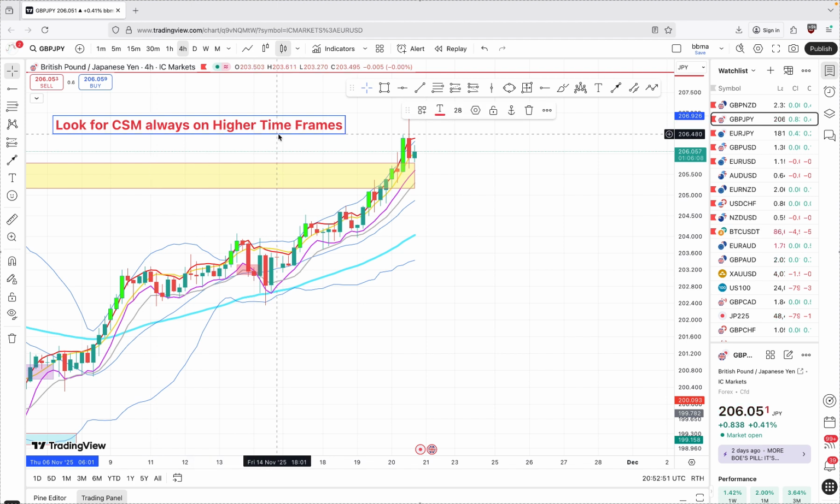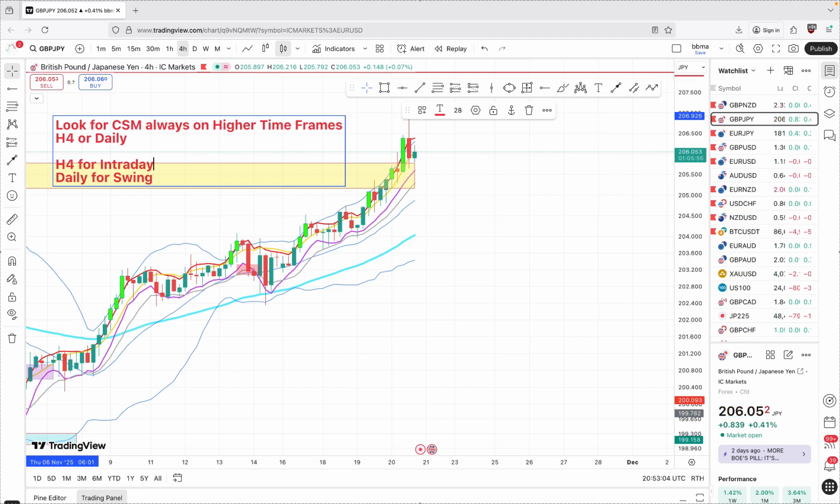This is really important. H4 or daily. H4 for intraday, daily for swing. My favorite is H4 because I have my main job as well, I'm not a full-time trader. Daily takes a couple of days and a couple of weeks to form a setup.